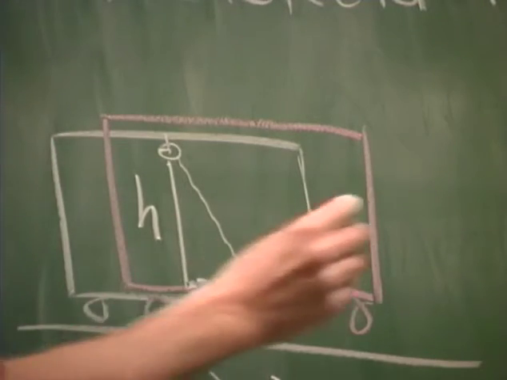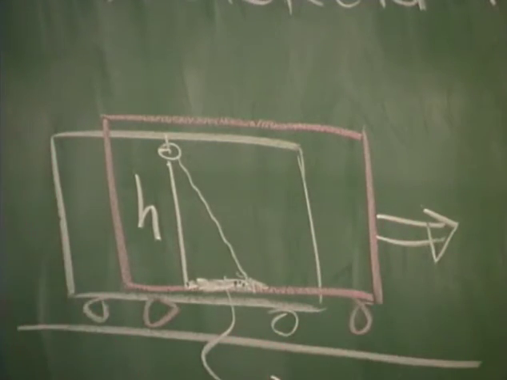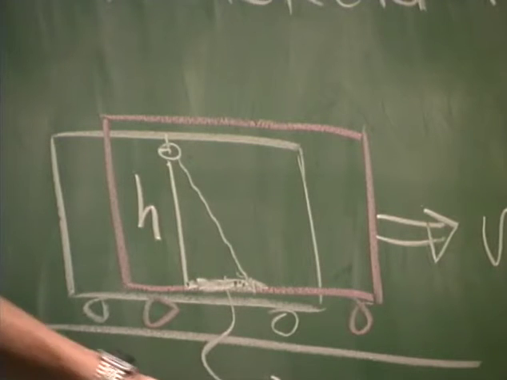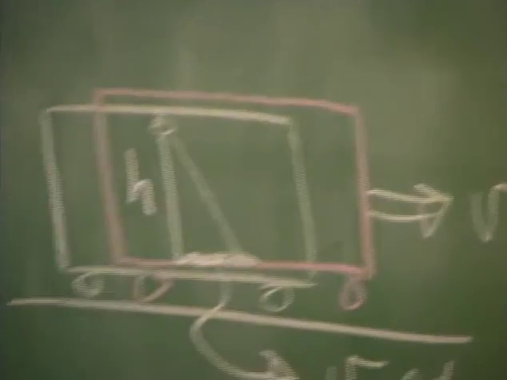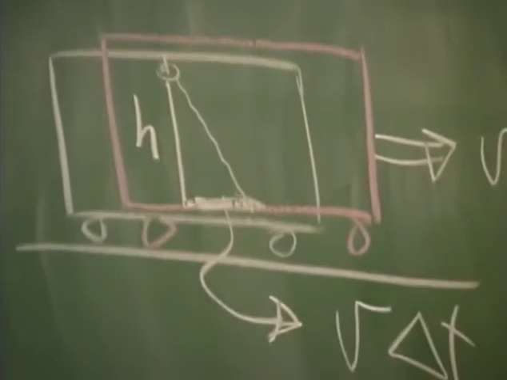Isn't that right? If this train is going along to the right, and I wait for a time delta t, the time it takes that light signal to get down there, v delta t is how far the train has gone. How about the diagonal length there, the distance that the light signal traveled? Well, that light signal was going at the speed c.